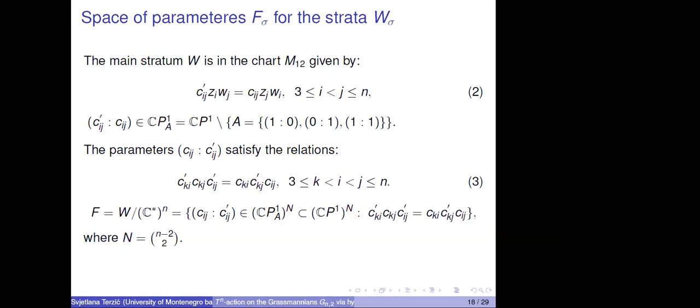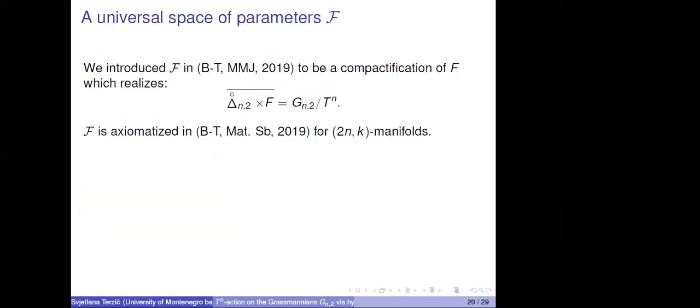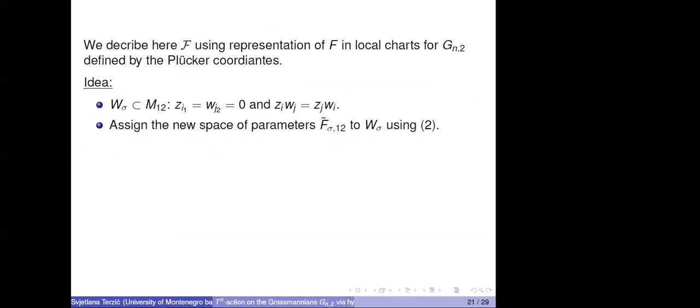So Cij prime can be an arbitrary element from CP1.